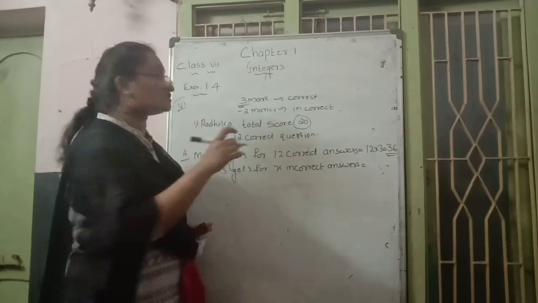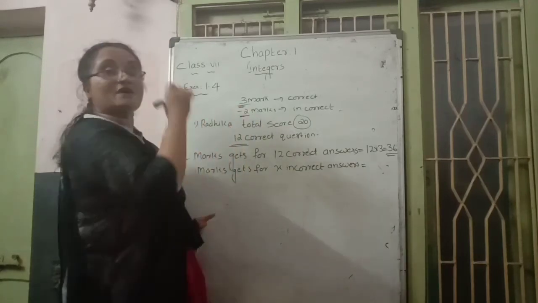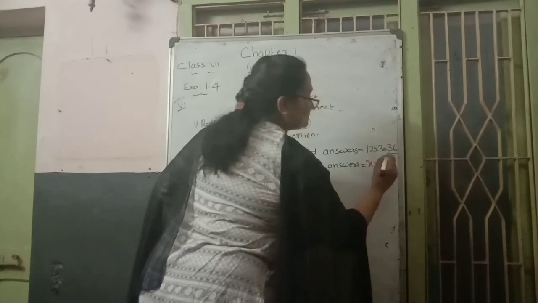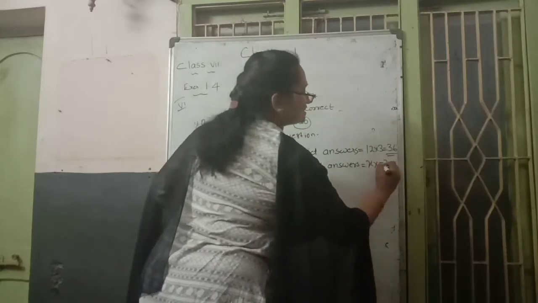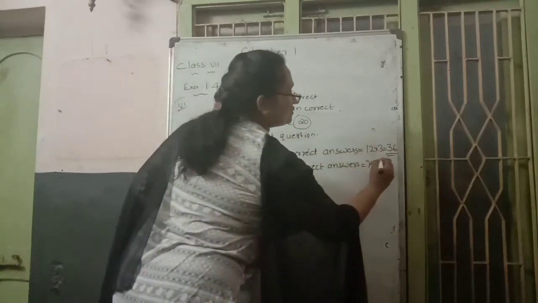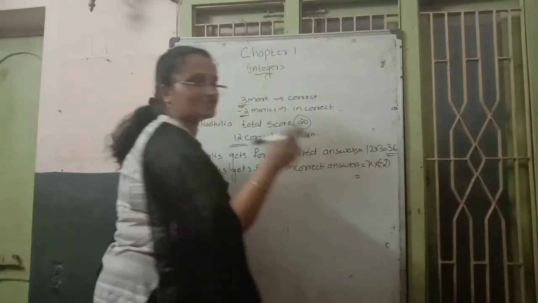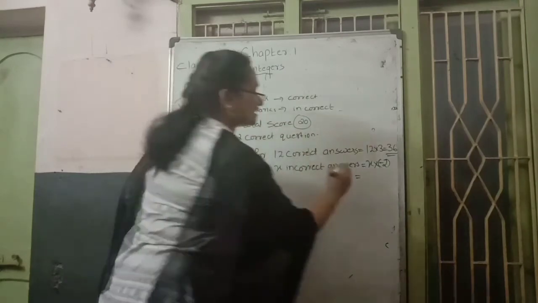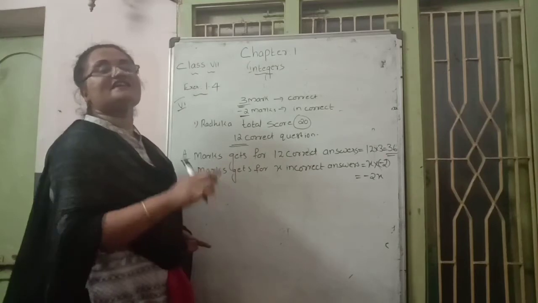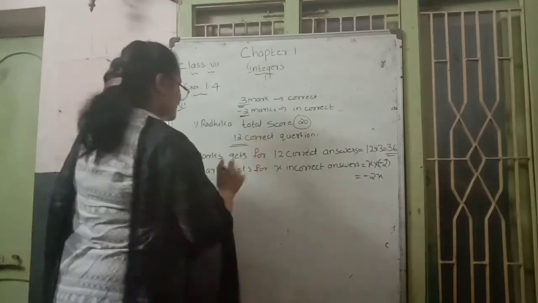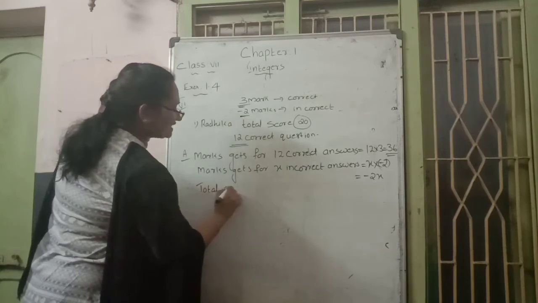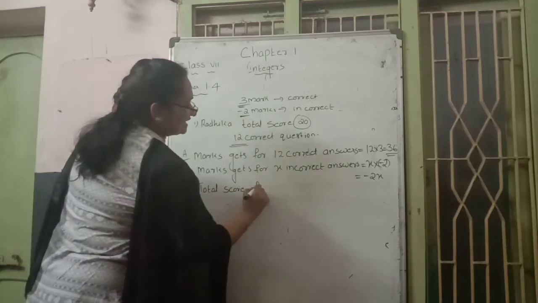Each incorrect question gets minus 2 marks. So X into minus 2 means how much? Always we write the number first, then the variable. So minus 2x is the marks got for X incorrect answers. Then the total score is given there, the total score of Radhika.